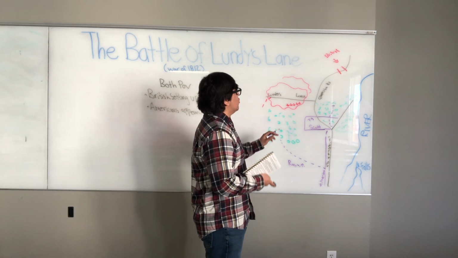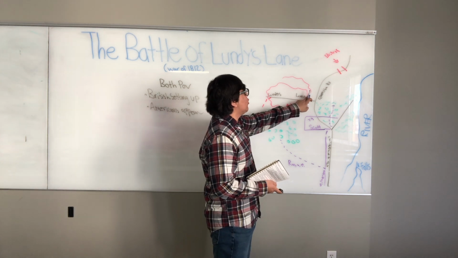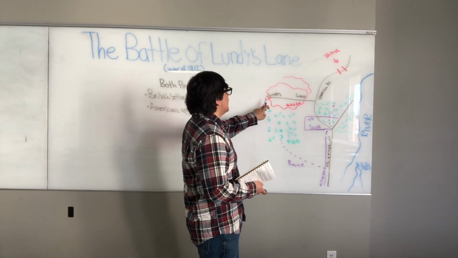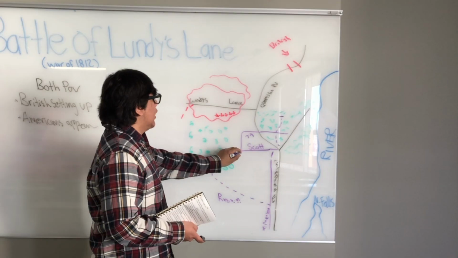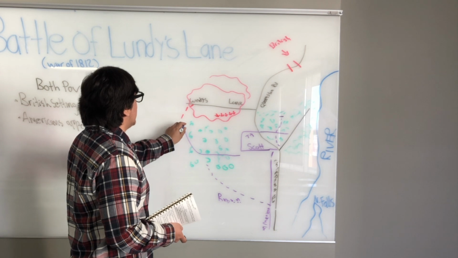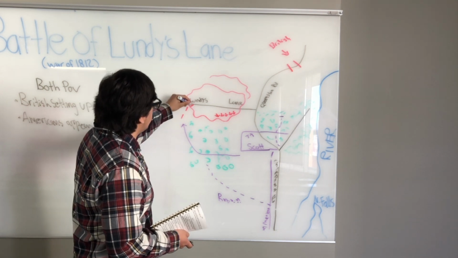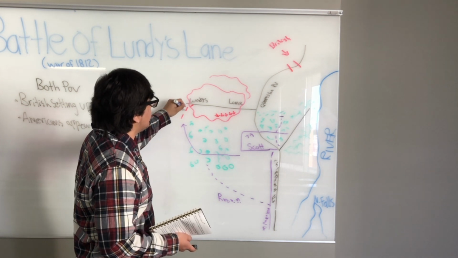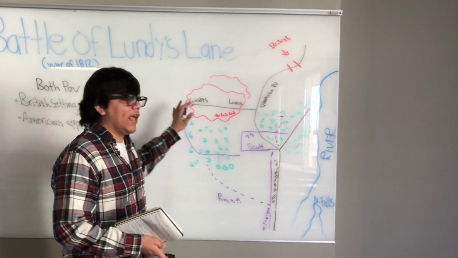So what he wanted to do is, since he noticed that the hill was very kind of a 360, he was hoping to send the Americans right here to the side to take the British left right here. So these were British soldiers that were stationed right outside of Lundy's Lane to protect the flank.